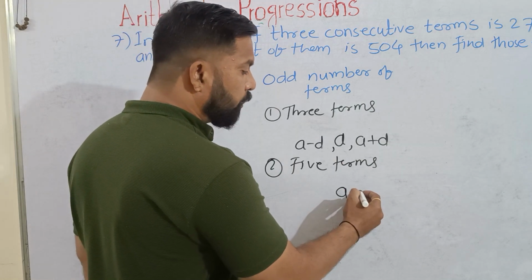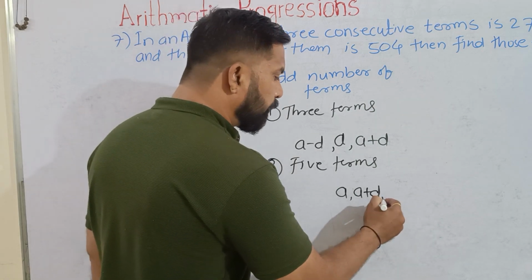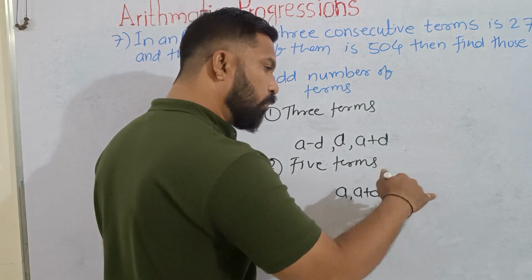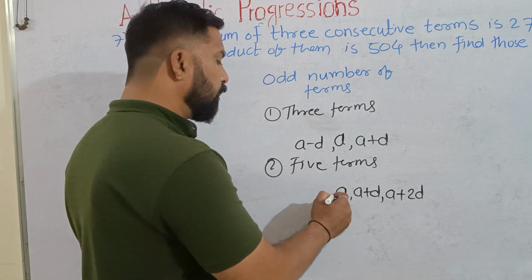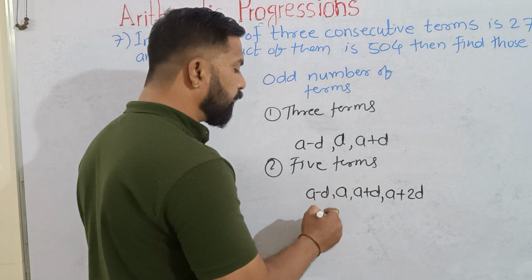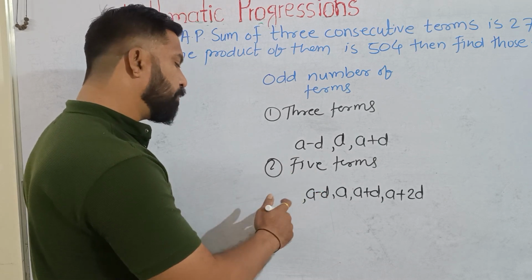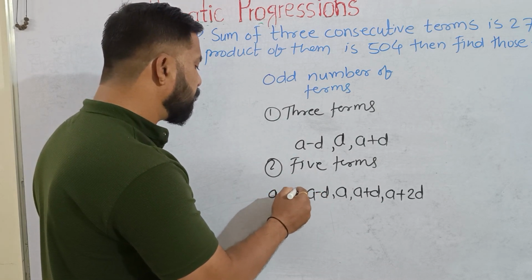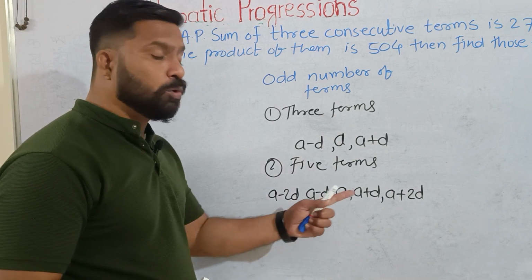What will be the fourth? A plus D. What will be the fifth? A plus one more D, so 2D. Similarly, you have to subtract 1D here, so A minus D. Again subtract one more D: A minus 2D.